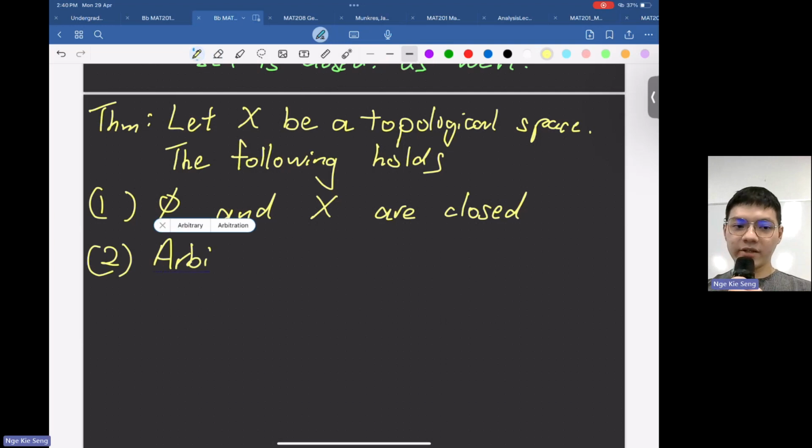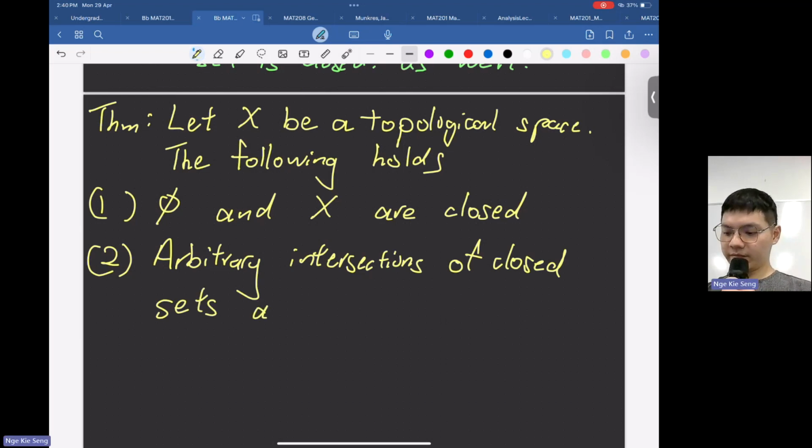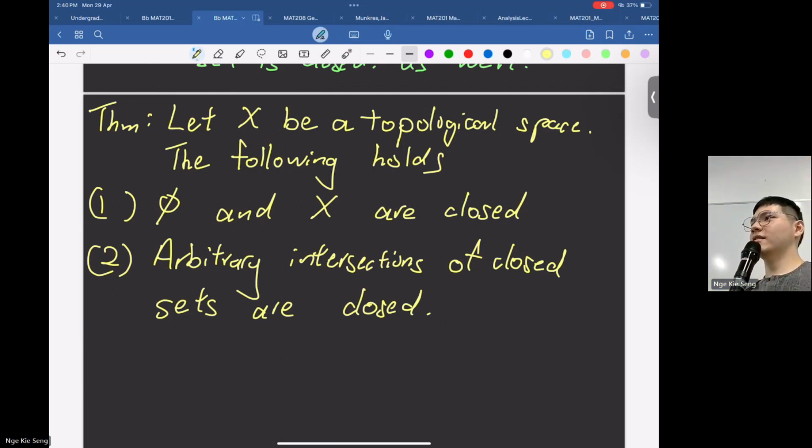And then an arbitrary intersection of closed sets is closed. Still remember De Morgan's law we used for metric spaces? Because an arbitrary union of open sets is open.